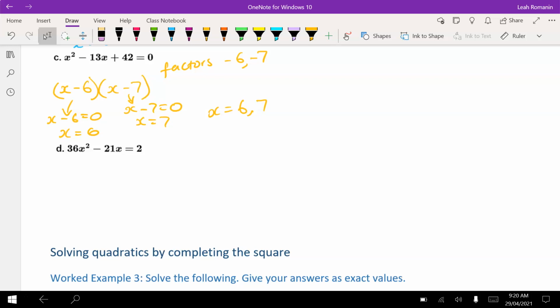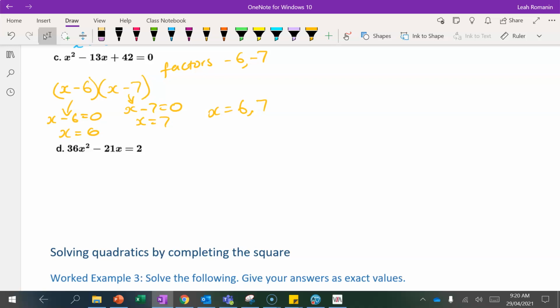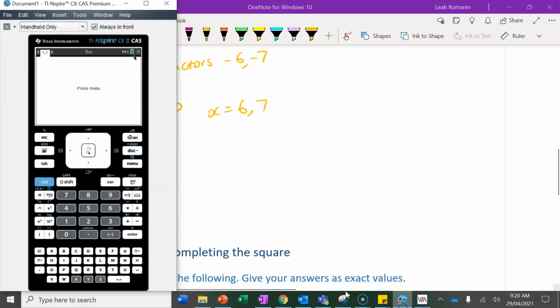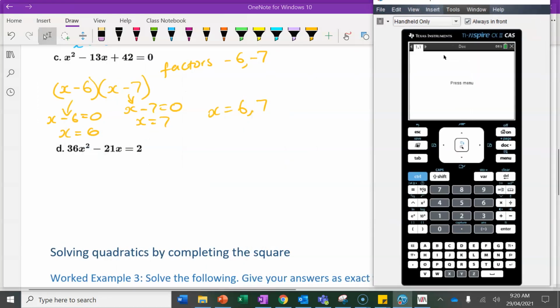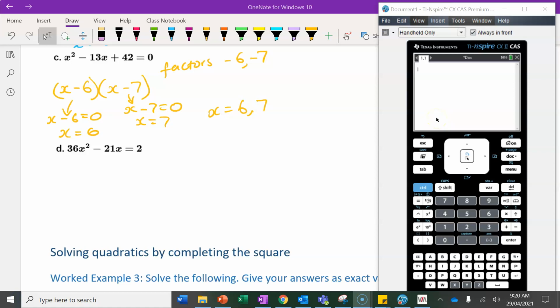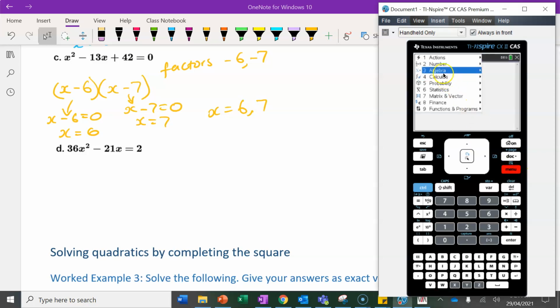Now, for this final one here, I'm actually going to do that one on the calculator. So could you all pull out your calculators just so I can remind you how to solve on the TI? Okay, so you've all got your calculators open. Now go into calculate or open a calculator, whichever one you prefer. Then we're clicking into menu.